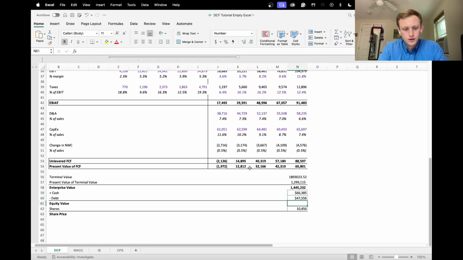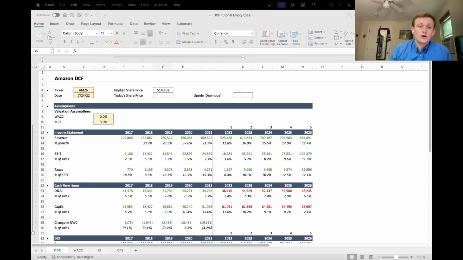Then I'm going to calculate the equity value by getting the enterprise value, adding cash and subtracting debt. So then this is our equity value, and then I'm going to divide the equity value by the number of shares to get our share price. And here we get 140.02. Now, our implied share price is $140.